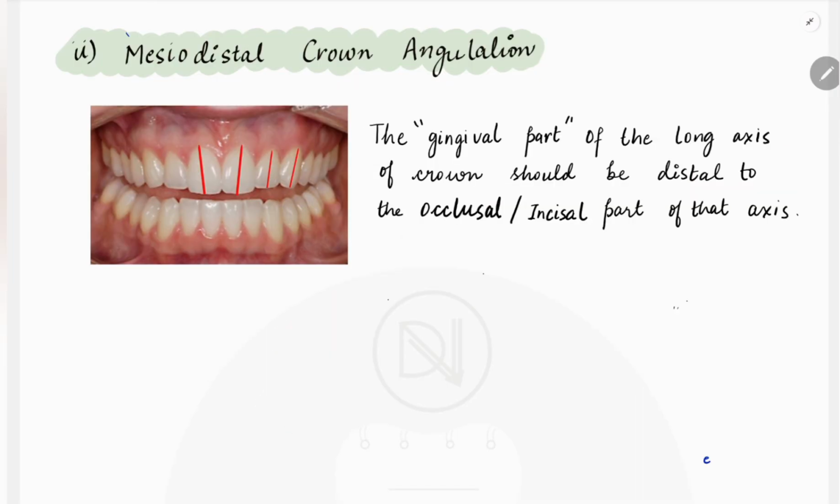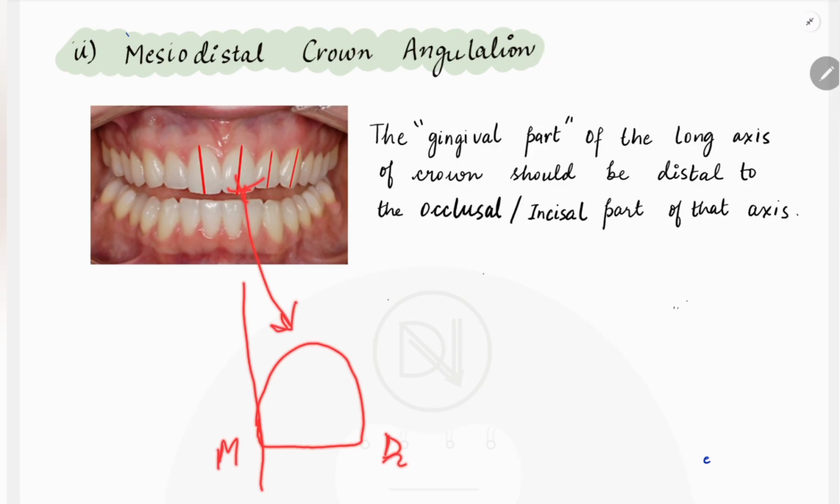Now coming next is the mesiodistal crown angulation. Suppose this is your crown portion. This one is your mesial side, this one is your distal side. Mesial means towards the center. Suppose we are considering this tooth over here. So this is its mesial side, this is its distal side. Now it states that this upper surface is your gingival part, and the lower one, at the edge, is called your incisal part or occlusal part.